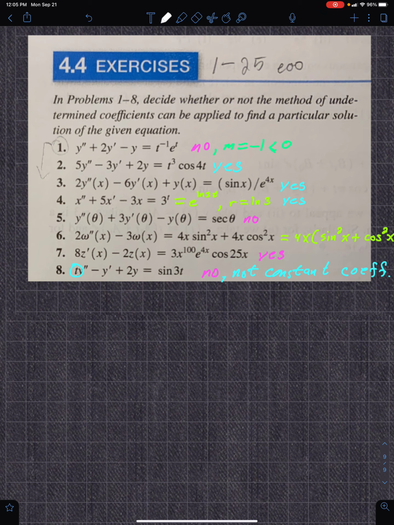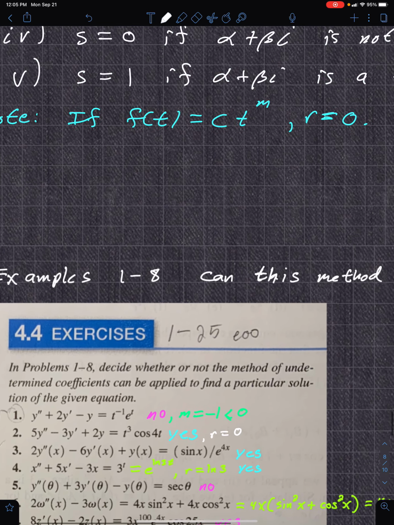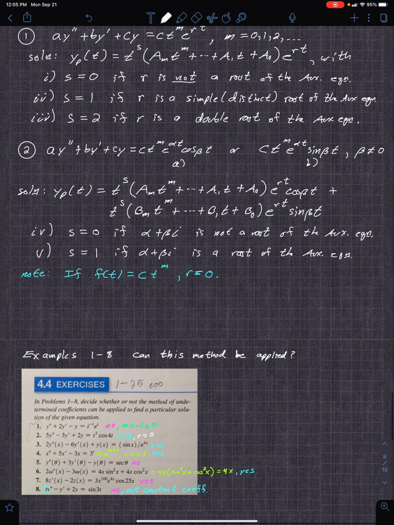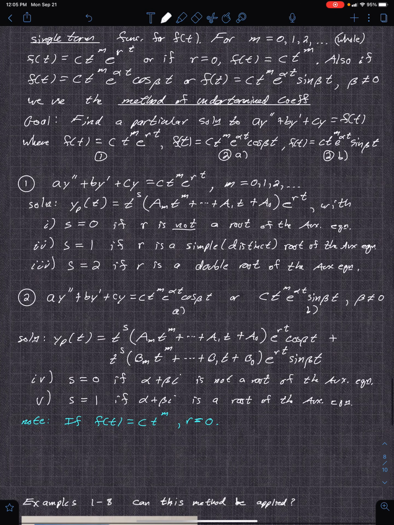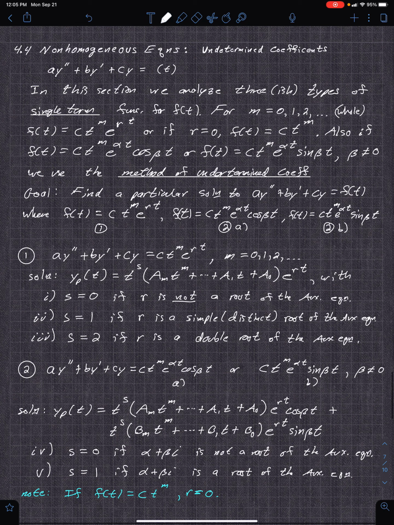That's exactly the form, right? I mean, t to the third, that's a whole number, cosine 4t. So in this case, your r would be 0 for your e. Remember, r is the power of the e part. So where is it? There it is, right there. So it's this form. m is cool. r is 1.